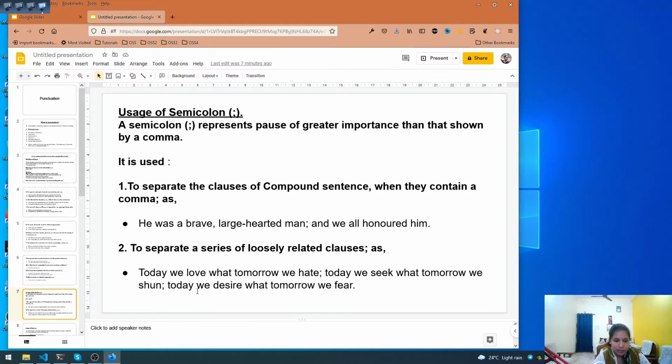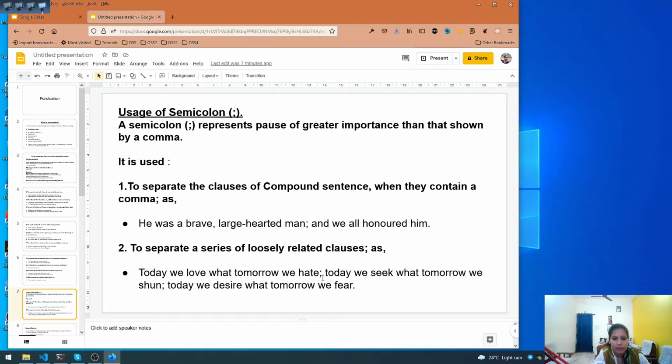Can you see in this sentence all the clauses are loosely connected to each other, but to give it a meaning we have used a semicolon. If there wasn't any semicolon, this sentence wouldn't have made any meaning, even in writing or in reading.